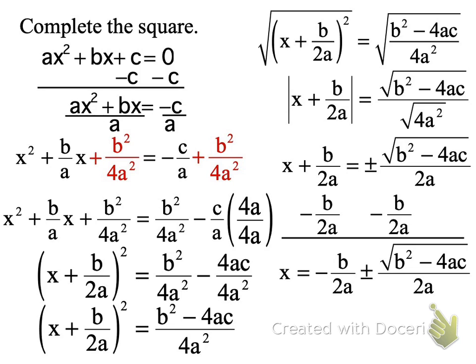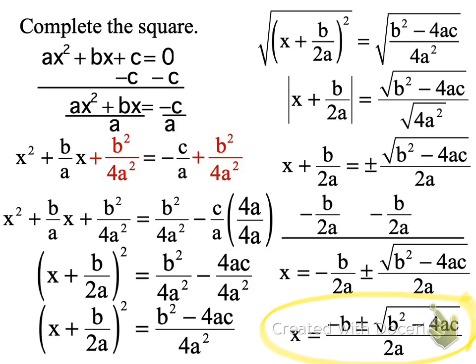And then we are left with x equals negative b plus or minus the square root of b squared minus 4ac all over 2a.